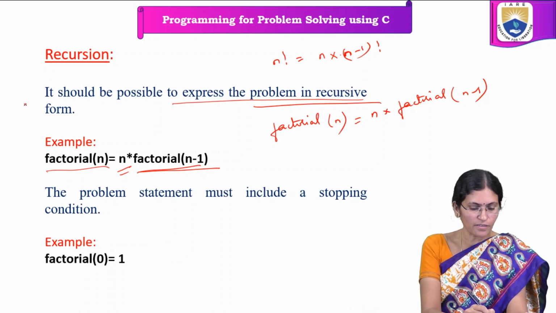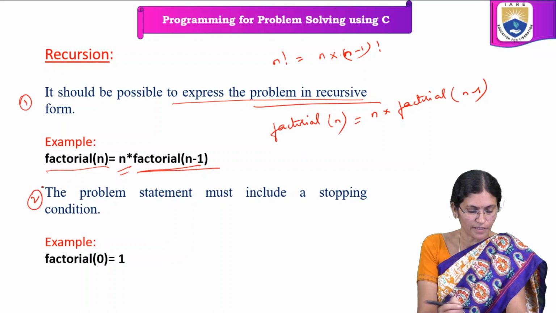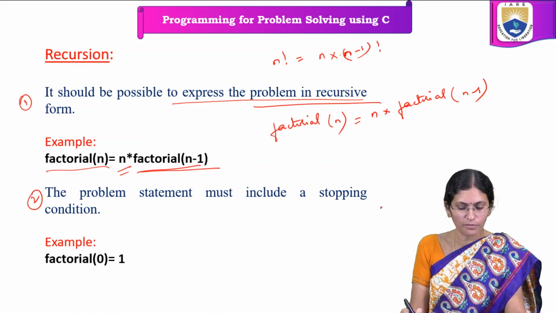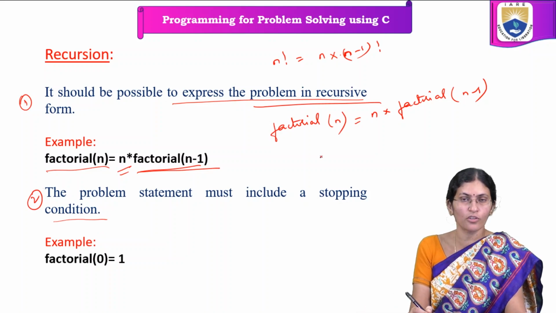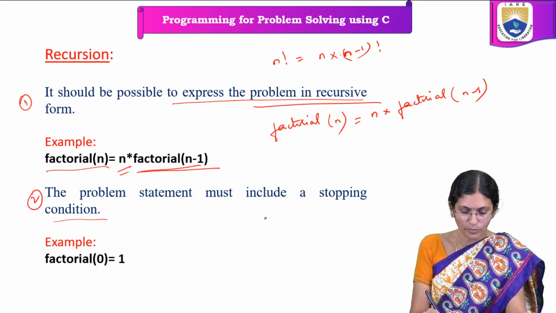This is condition 1 and this is the second condition: the problem statement must include a stopping condition or base condition. Suppose the number 4 is given. 4 factorial can be written as 4 into 3 factorial.